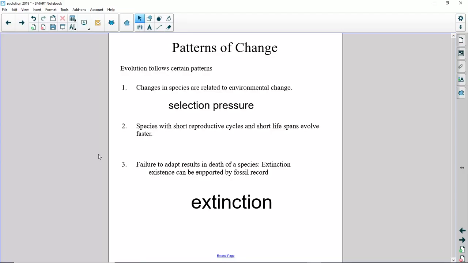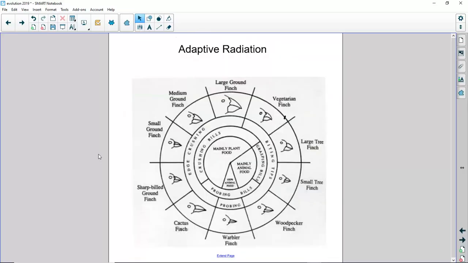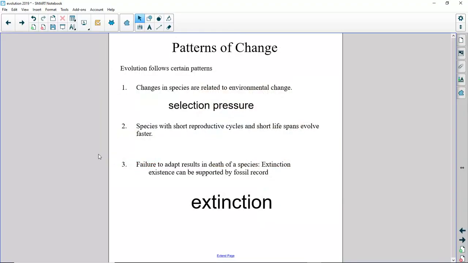So, patterns of change, the 3 that we want you to know from the regions. Number 1, changes in species are related to environmental change. The environmental change is called a selection pressure. It's a term you need to know and understand. Go back to the beaks or listen to the amoeba system. Remember, the drought changed the food. You either change the beak or you're going to die. So the selection pressure is the changing of food.